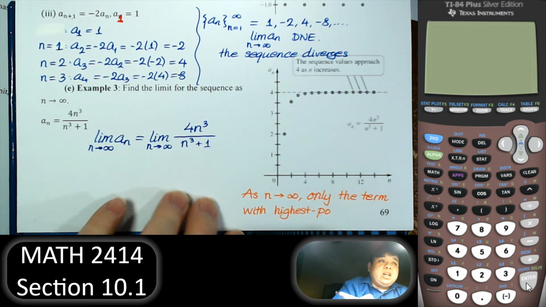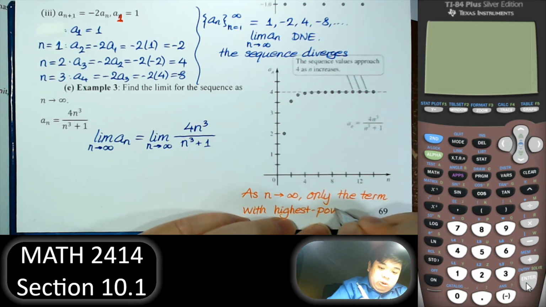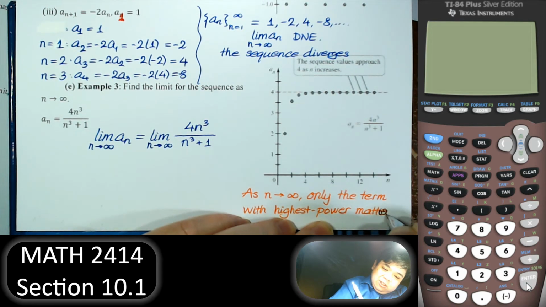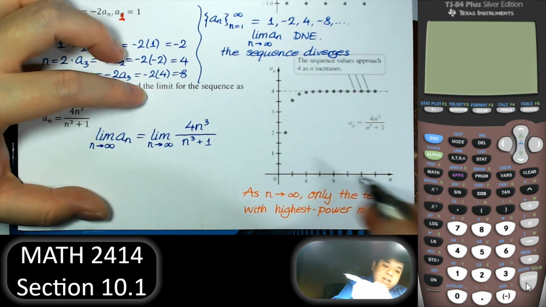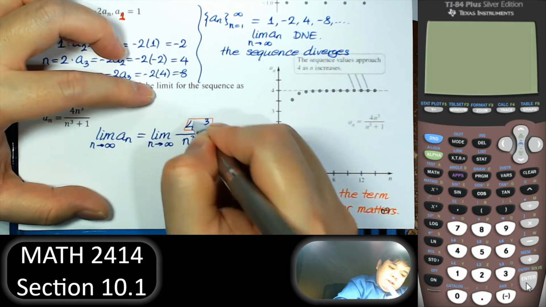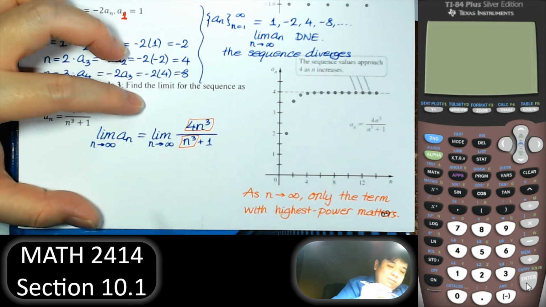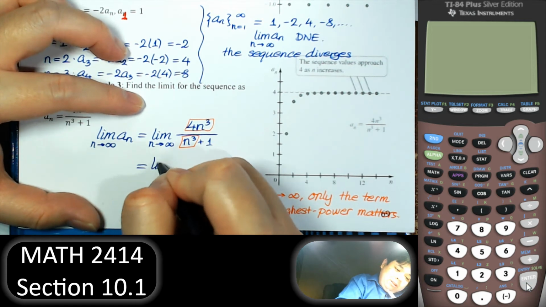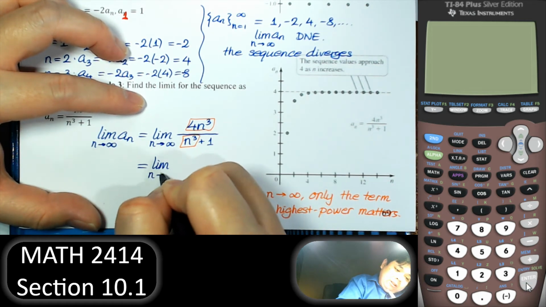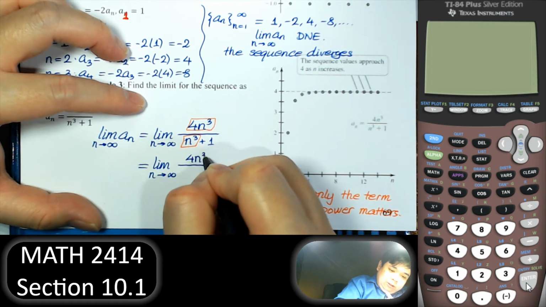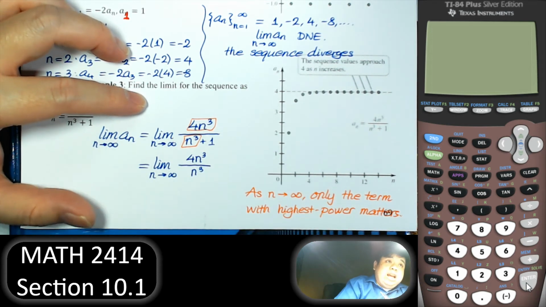We'll extend this into something more general in the next section. So in that case, I will take this term on top, this term at the bottom, and the n cubes cancel out.